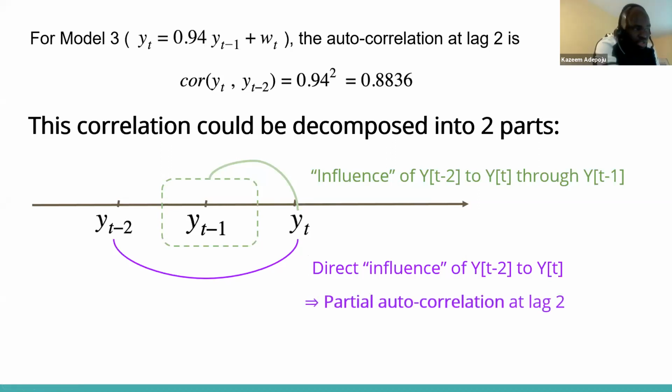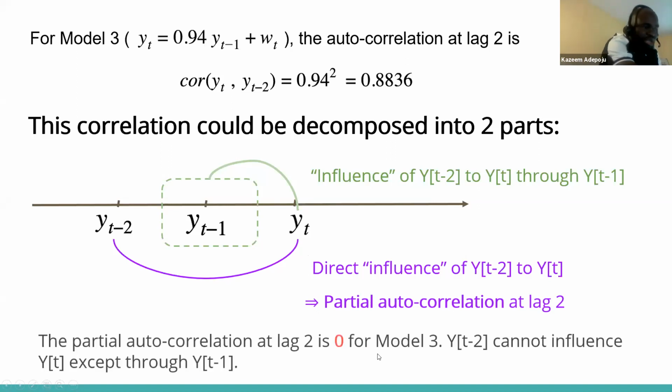In a situation where you are looking at that, you are talking about the partial autocorrelation at lag 2. The partial autocorrelation at lag 2 is 0 for model 3. Why?